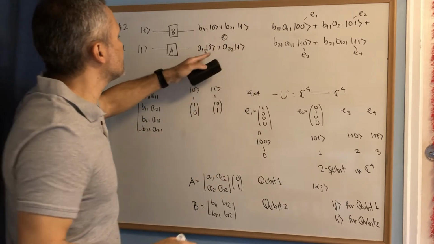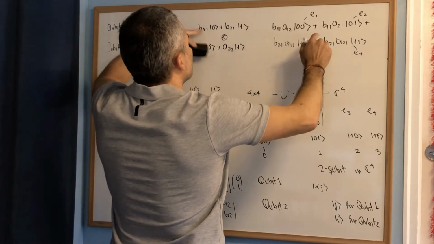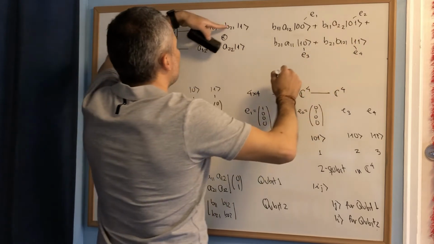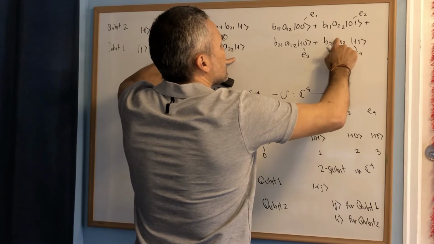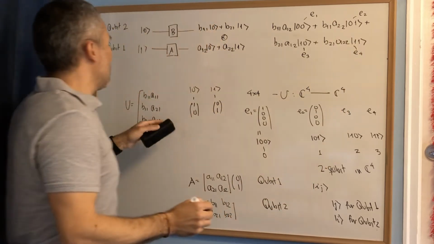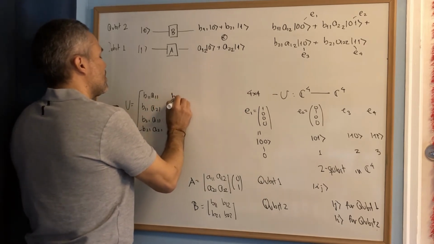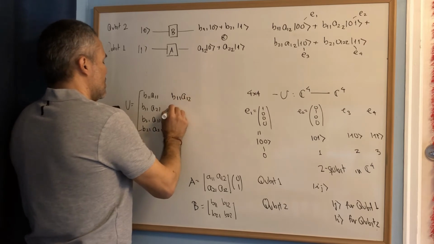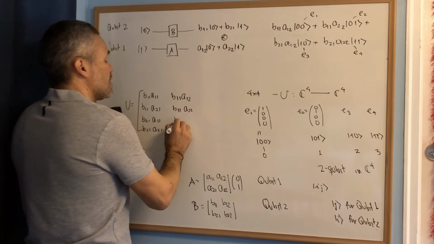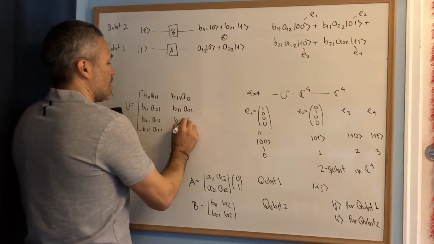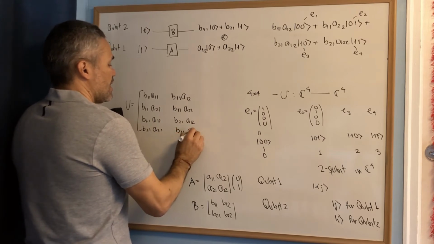And then what changes? Here, instead of this, it is going to be A12, A22, and B12, B22. And then the second column of this matrix is going to be B11 A12, B11 A22, B21 A12, and B21 A22.